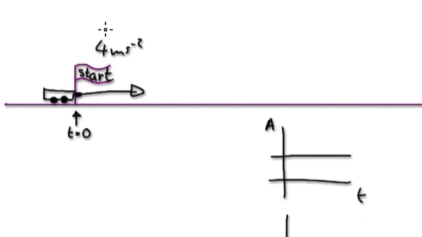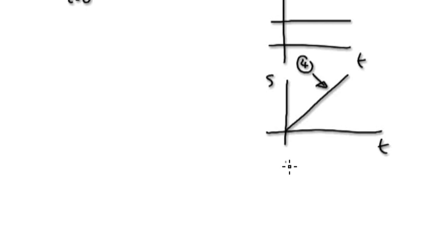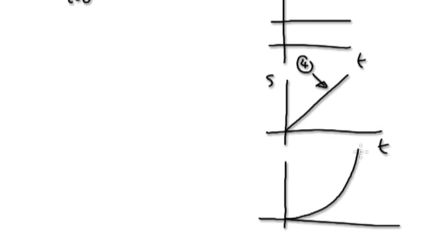Remember, when there's an acceleration of 4, the speed time graph will look like this, and it has a gradient of 4 because the gradient represents the acceleration. And when you come to look at the distance time graph, it will be a curve like this. This will be distance time. Okay, I will give you another example in the next video.